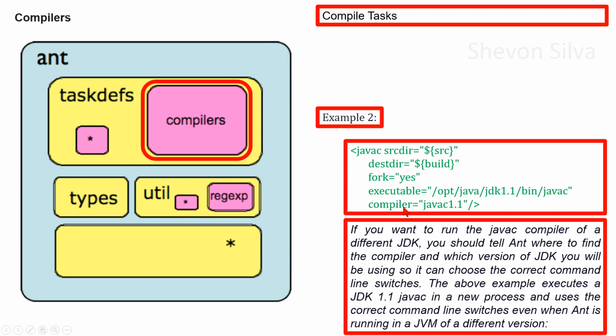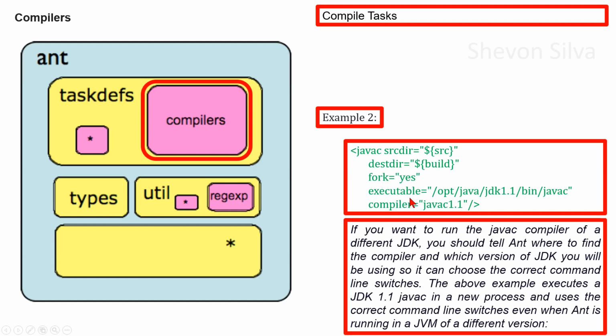The above example executes JDK 1.1 javac in a new process and uses the correct command line switches even when Ant is running in a JVM of a different version. Here you can see the fork attribute, whether to execute javac using the JDK compiler externally.